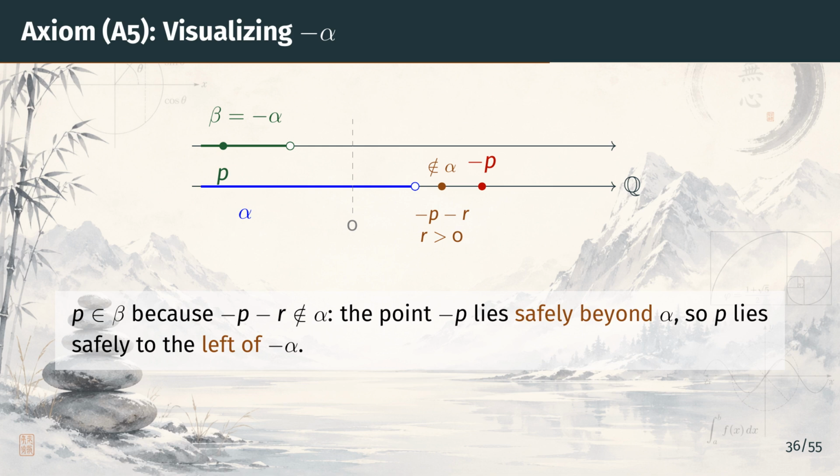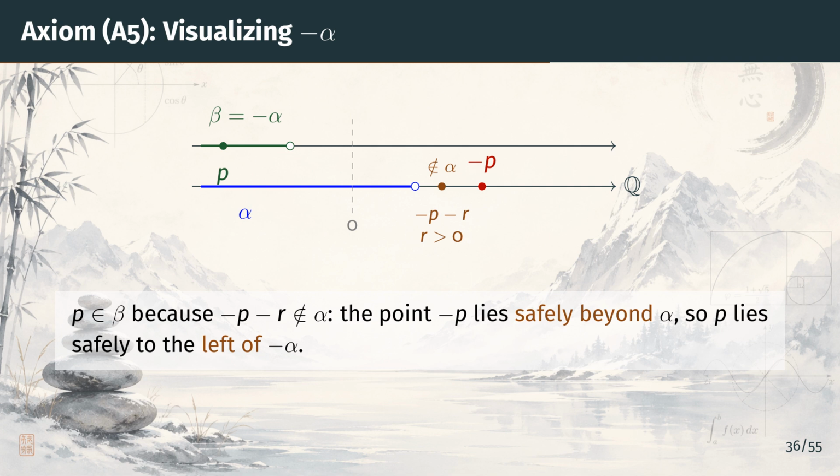This diagram makes the definition of the additive inverse concrete. On the lower number line, you see the cut alpha in blue, ending at some boundary point. On the upper number line, you see beta equals minus alpha in green, and the dashed vertical line at 0 shows the mirror symmetry between the two cuts. Now focus on the point minus P on the lower line.